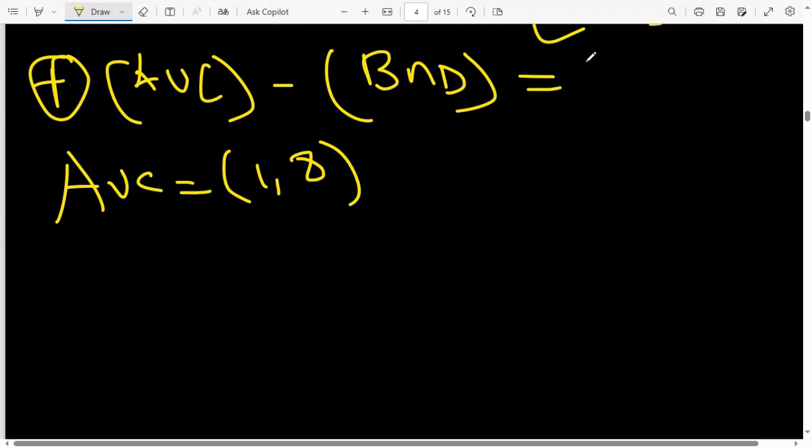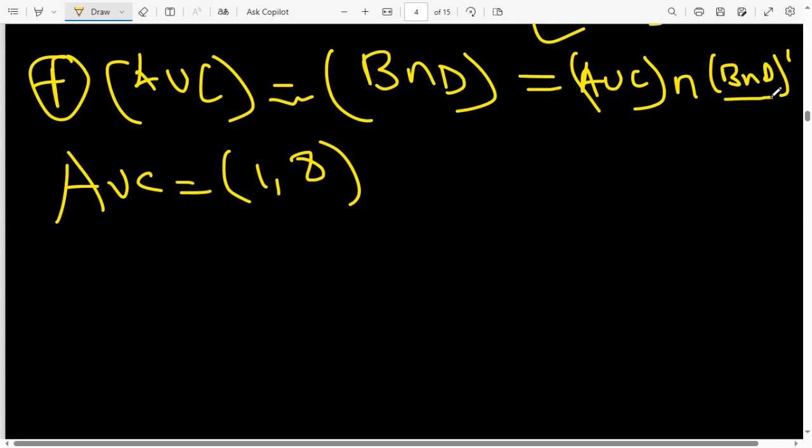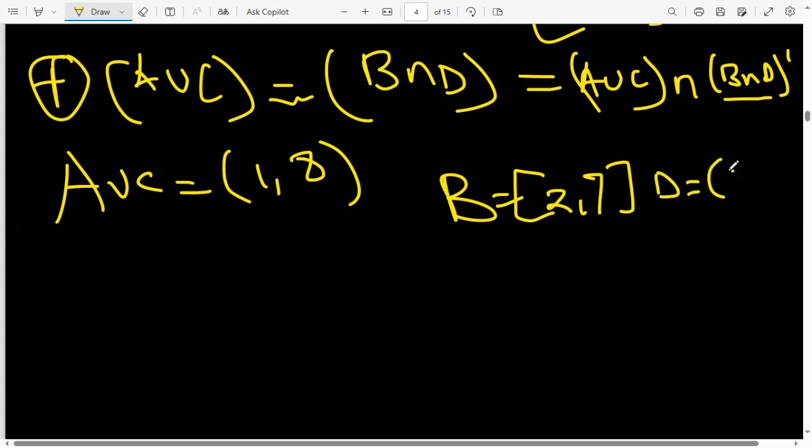Remember that this is the same as A union C intersection the complement of B intersection D, because there's a minus here. So we want to find B intersection D complement. B is given as 2 to 7, and D is given as 6 to positive infinity. What is their intersection?